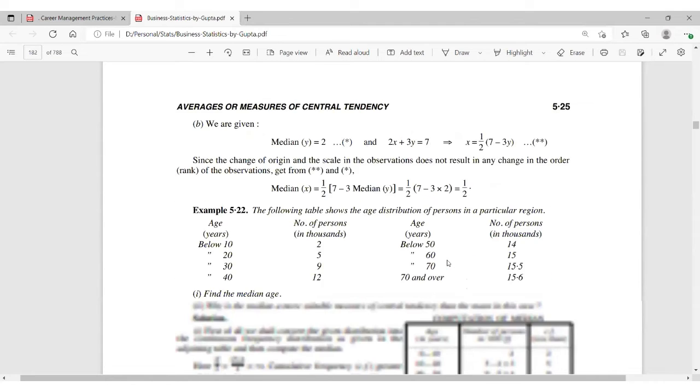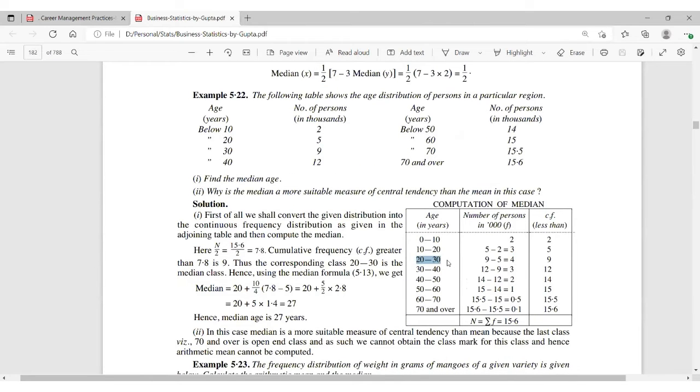In this example, h is 10, right? Now f is the frequency of the median class, so it is 4. Then capital C is the cumulative frequency preceding the median class.